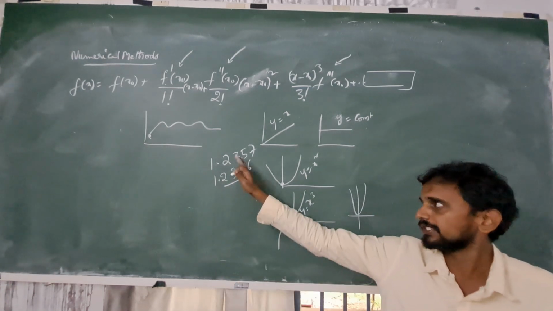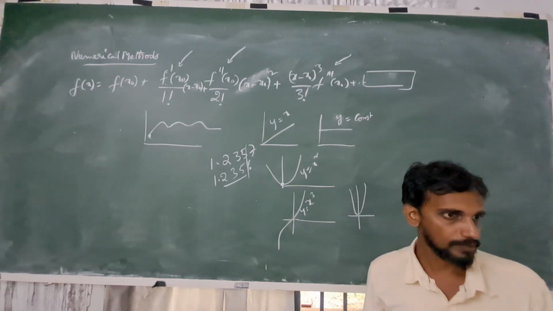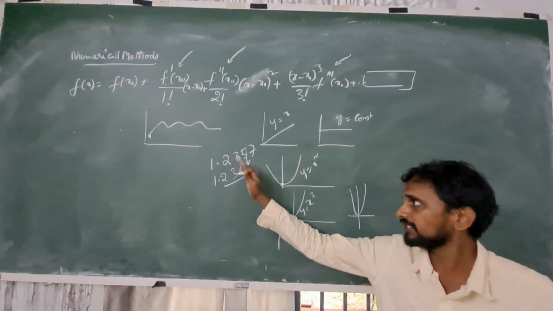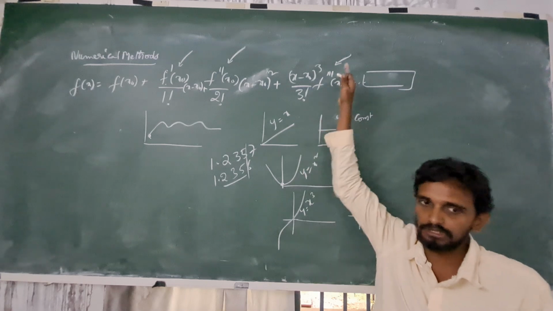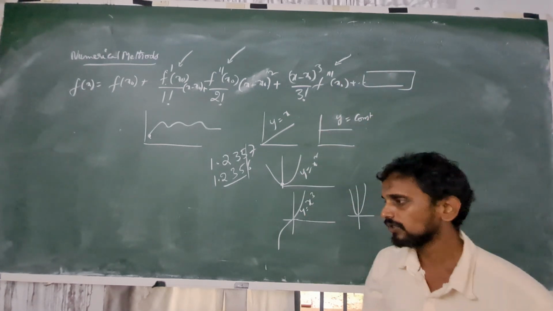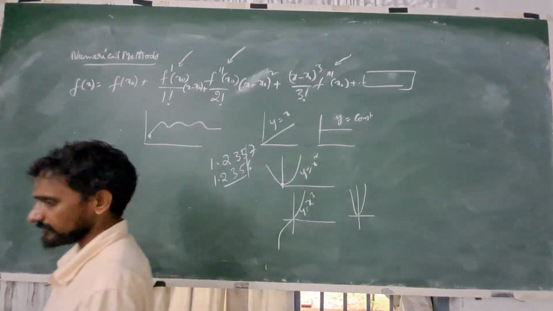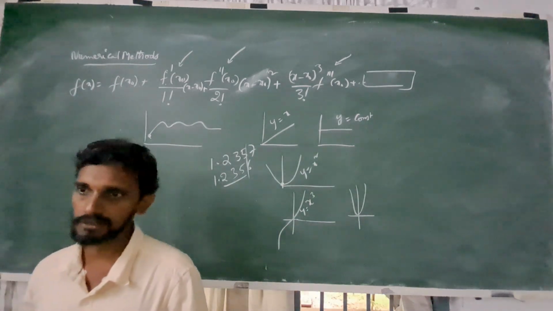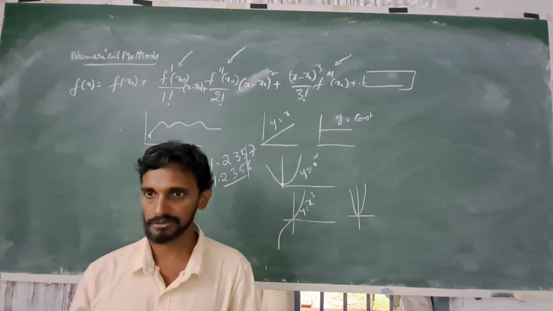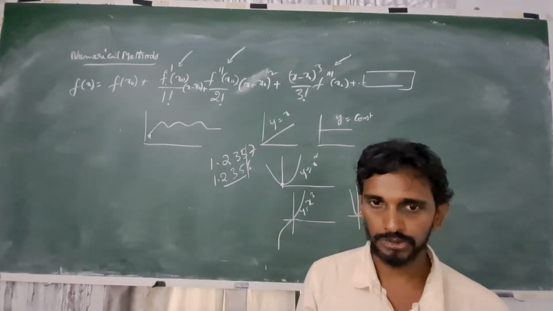I mean, if you restrict to 3 decimal points, happy, the result is accurate. If you need further accuracy, you may have to increase your number of terms in the series, right? So the next question that comes while using numerical methods is error estimation. I mean, how far is it from the original solution? That should be estimated.